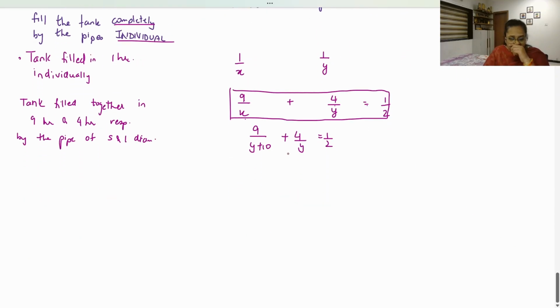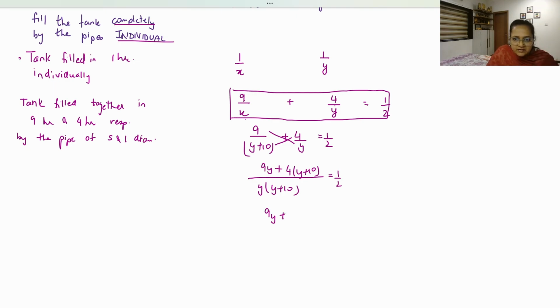When we simplify this, what are we going to get, children? We are going to get the LCM as y times y plus 10. We have 9y plus 4 times y plus 10, which is 1 by 2. So we have 9y plus 4y plus 40 is y square plus 10y.